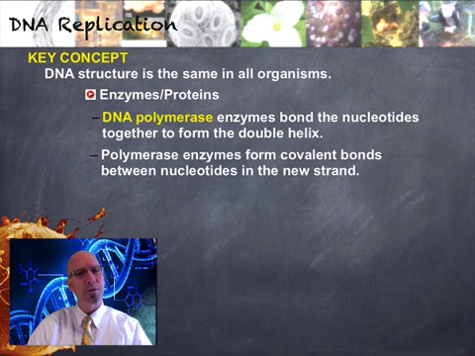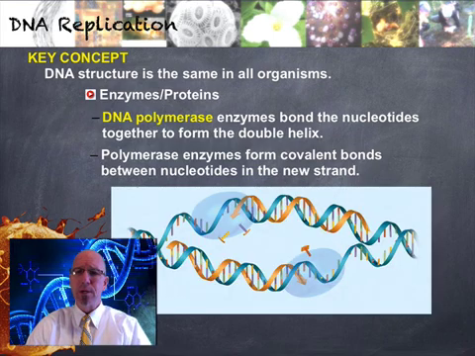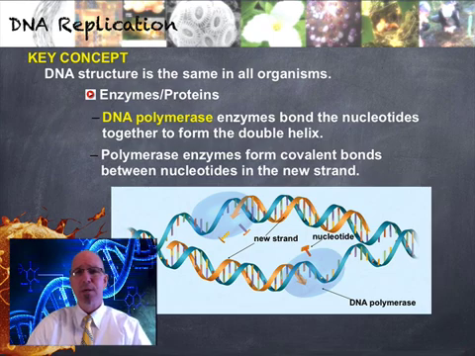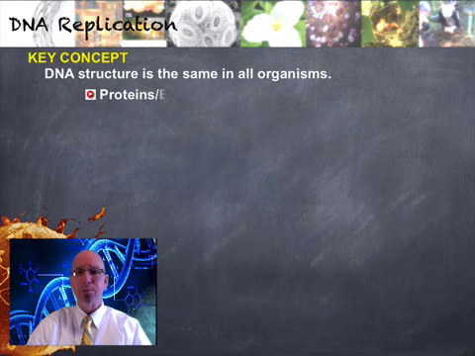It requires some chemical energy, and so here's a snapshot of the DNA polymerase taking a nucleotide and adding it to the template, so it matches up and it builds a new strand. And so those complementary bases pair up and they form a new strand.